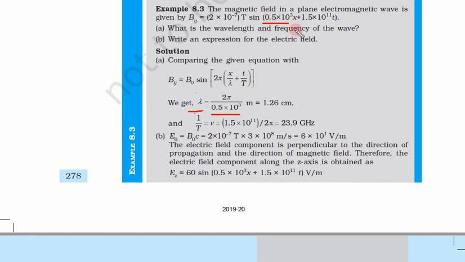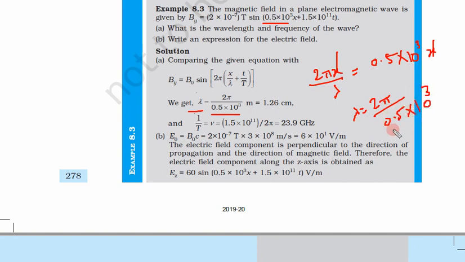Here we have 0.5 into 10 to power 3 x, and this must be equal to 2 pi x by lambda. So x and x cancel out, and lambda is equal to 2 pi upon 0.5 into 10 to power 3. When we solve this, we get 1.26 centimeter. Sorry, centimeter, not meter. So this is our wavelength.